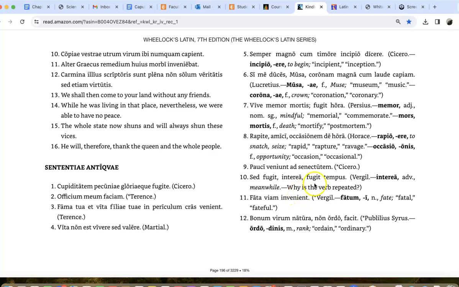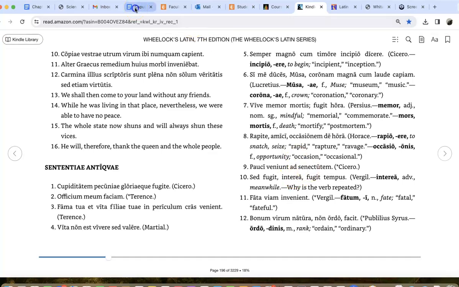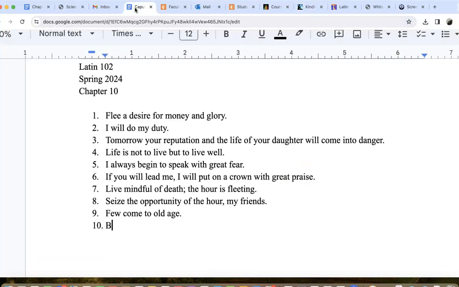I cannot recall the context of this, so I'm going to keep it literal. But he flees, meanwhile, time flees. But he flees, probably talking about Aeneas. Meanwhile, time flees.